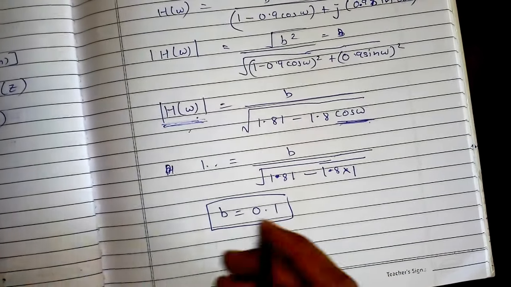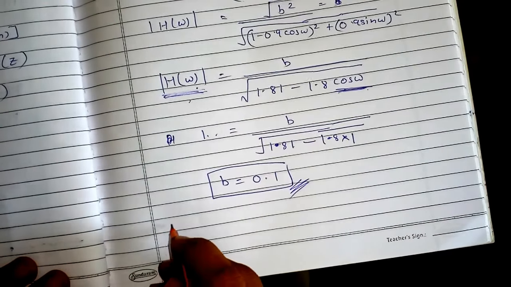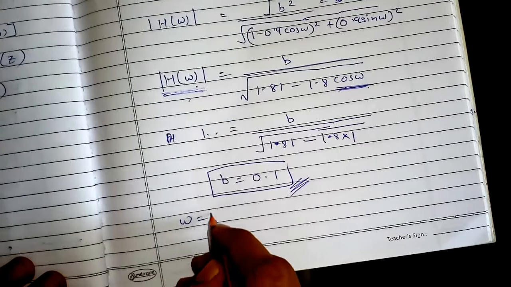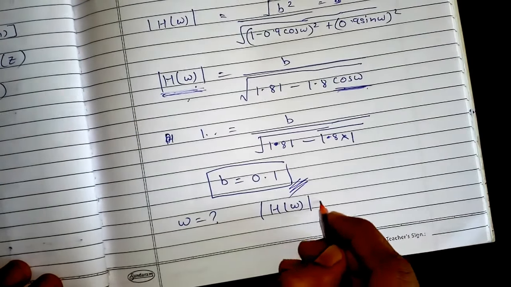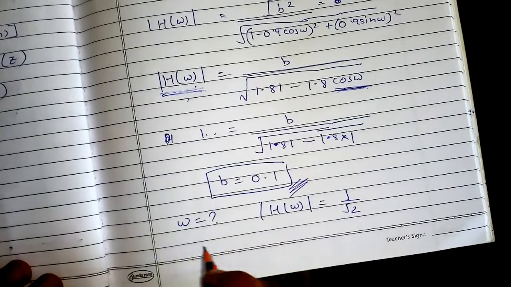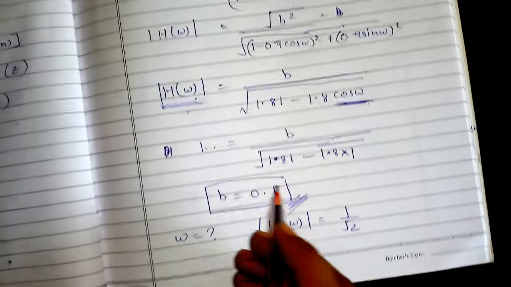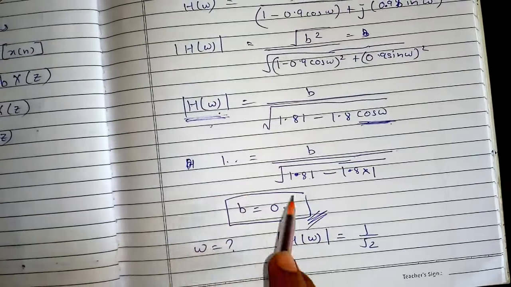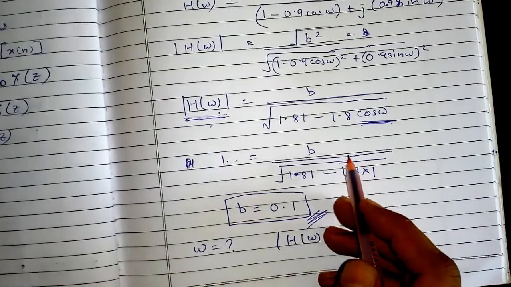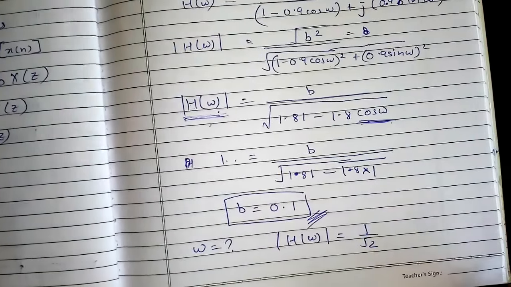Similarly, now we have the value of b, and we are told to find the frequency, which is nothing but again omega, at which modulus of h of omega equals 1 by root 2. At what omega will this be equal to 1 by root 2? Simple again. In place of h of omega, substitute 1 by root 2, and in place of b, substitute 0.1 upon under root of 1.81 minus 1.8 cos omega.